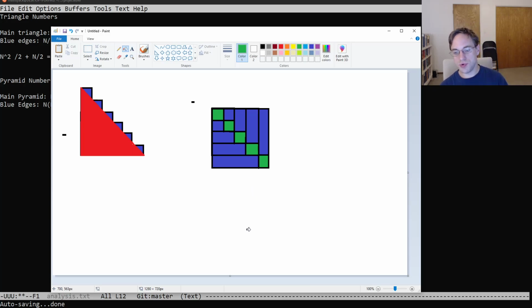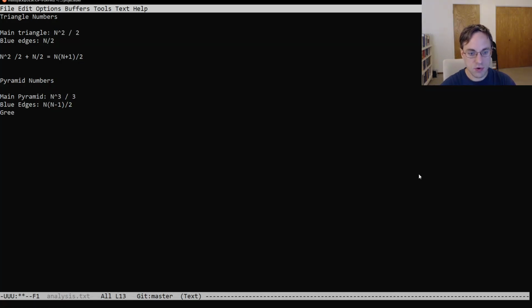And so in order to bring that up to a full 1 by 1 by 1 cube, we need to add 2/3 to each one of these. And we can see that there are going to be n such corner pieces. And so the added green corners is just going to be 2n over 3. And so adding up all 3 of these, we should get the total volume of our pyramid.